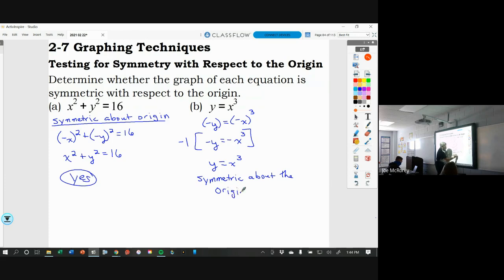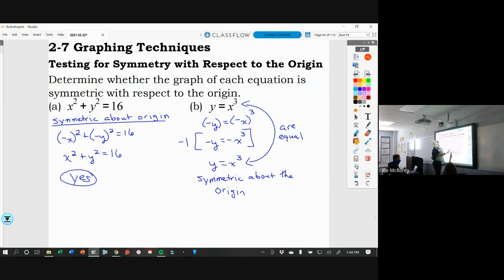Wait, how? Because these two things are equal. Yeah, but how'd you get there again? Okay? So I changed the y to negative y and the x to negative x. Nothing to do with negative y, so it's still negative y. Negative x to the third power would be negative x times negative x times negative x, which is negative x cubed.